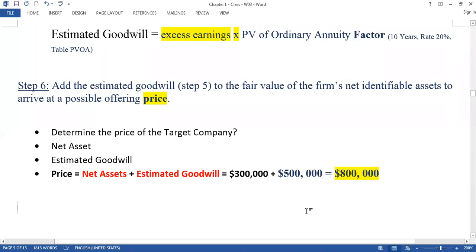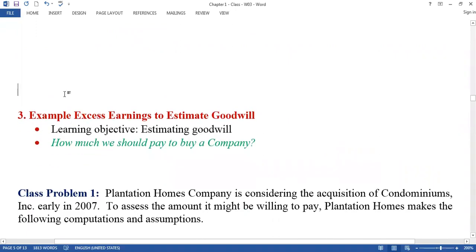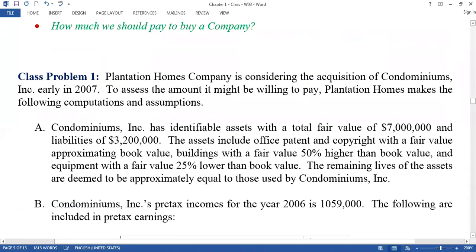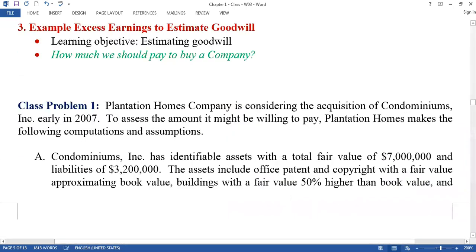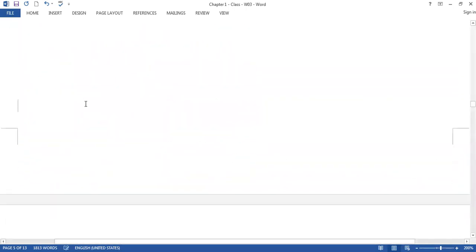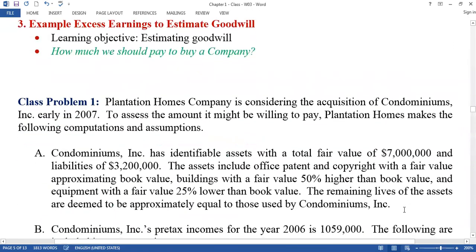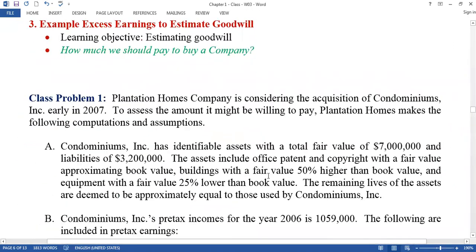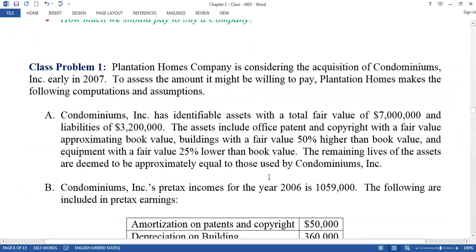Now, let me explain one question so that if we solve a question, it will help you to easily understand the subject matter. So let's read the question. Plantation Homes Company is considering the acquisition of Condominiums Incorporation in early 2007.